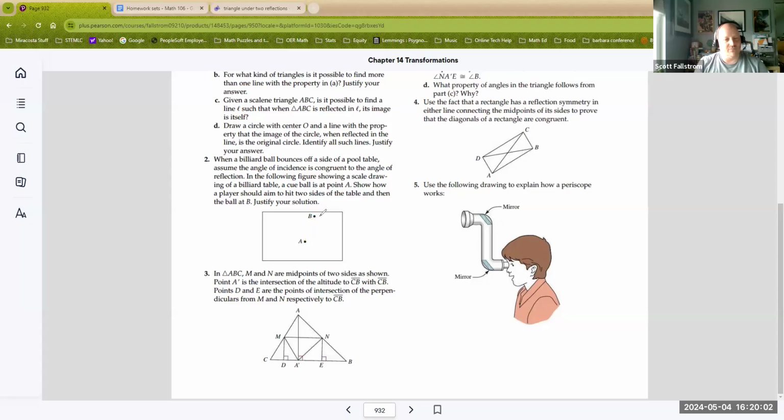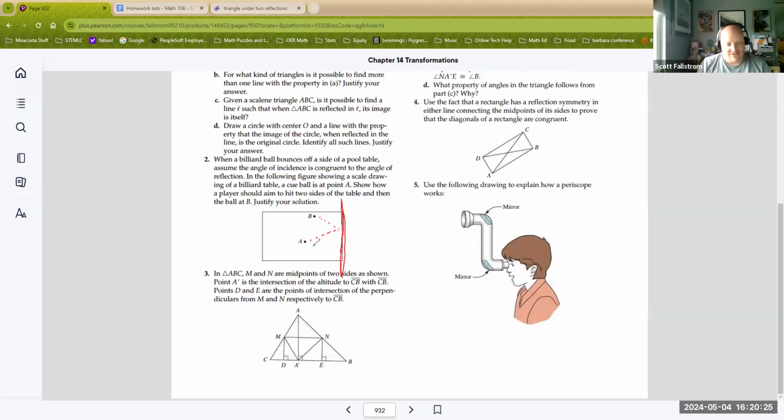If I want it to bounce off one side, pick the side. So as an example, let's say that I want it to bounce off the right-hand side. Then I want my ball to hit somewhere over here so that it bounces off and goes towards B. But what do I know? The angle of incidence is the same as the angle of reflection.